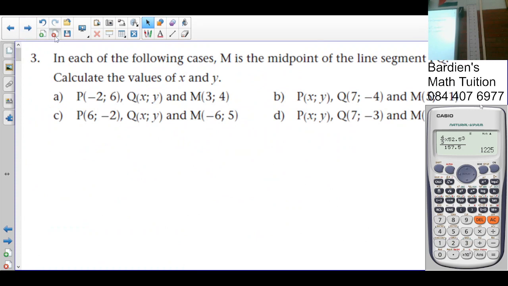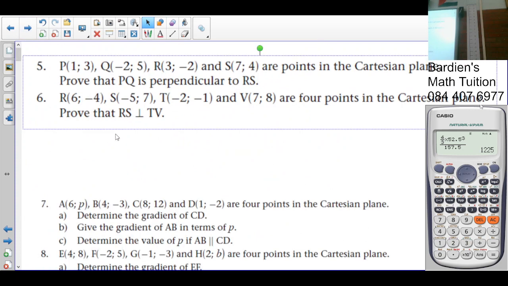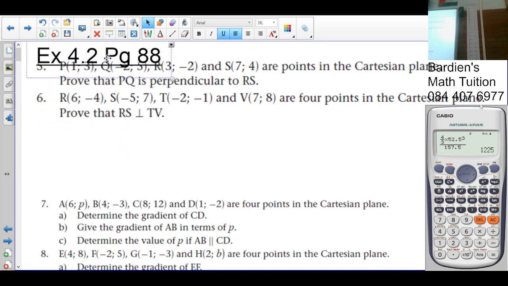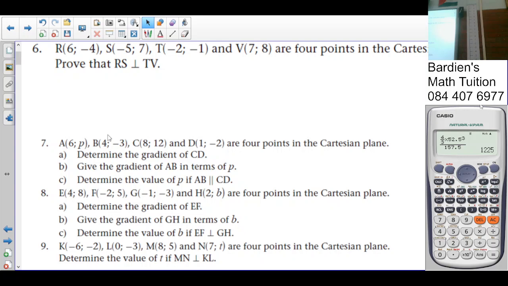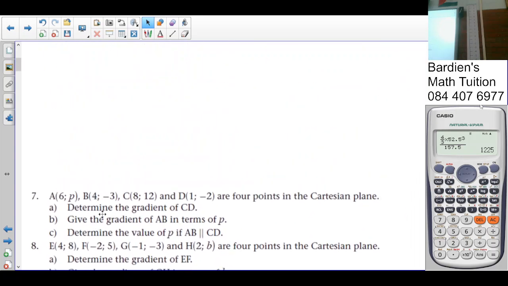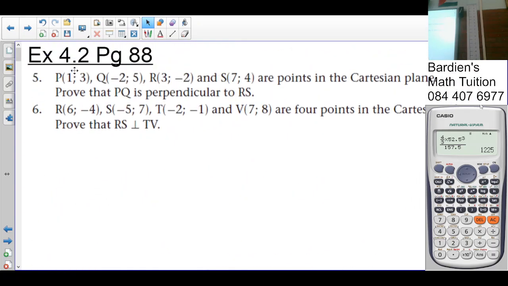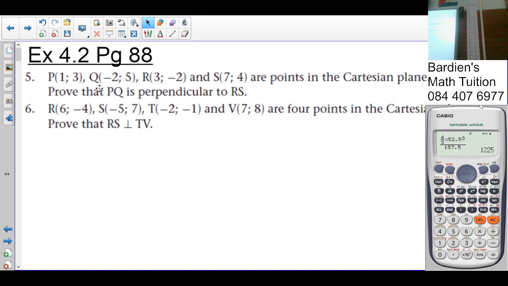Take this page up. Right, let's look at number 5. Did I ask you to do number 5? I asked you to do the whole exercise. Number 5 and 6. Okay, any issues with number 5? We are told that P, Q, R and S are points of the Cartesian plane. Prove that PQ is perpendicular to RS. So what do we do then?